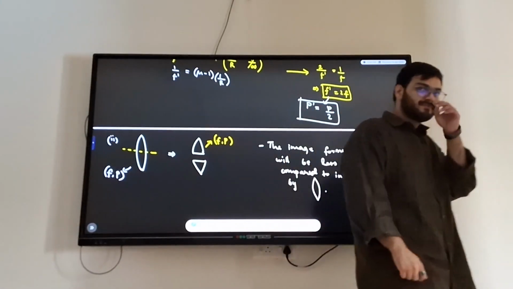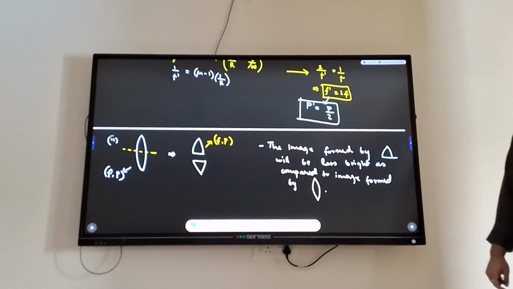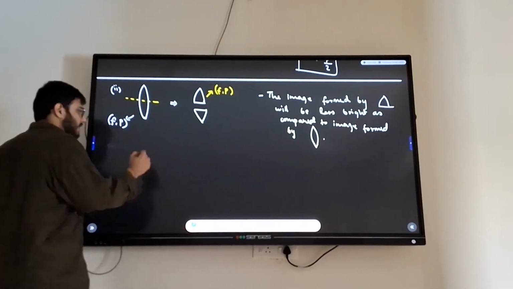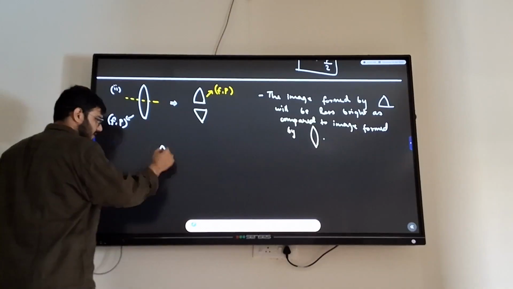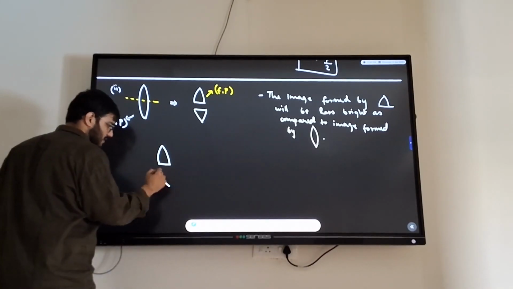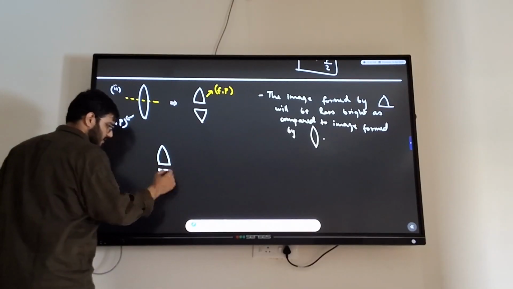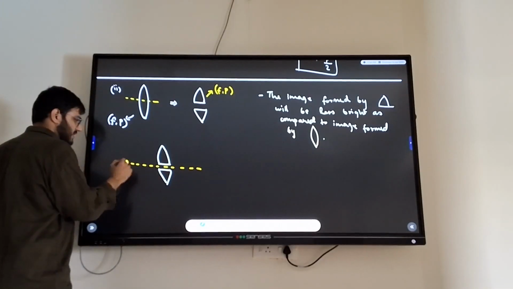Is it all okay? This was point number 2. When you cut a lens in this fashion, going on in the same point, if I do cut it, and let's say the lenses are kept like this, and their initial principal axis was somewhere here, and I have my object over here.